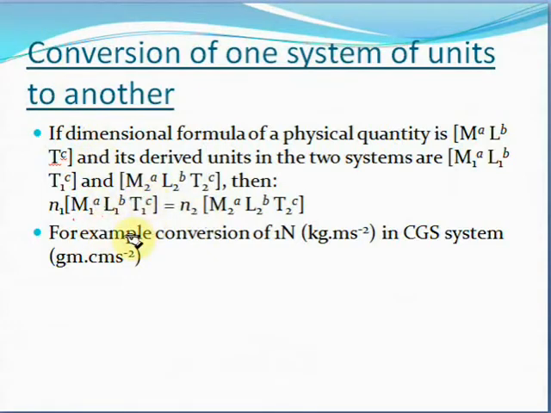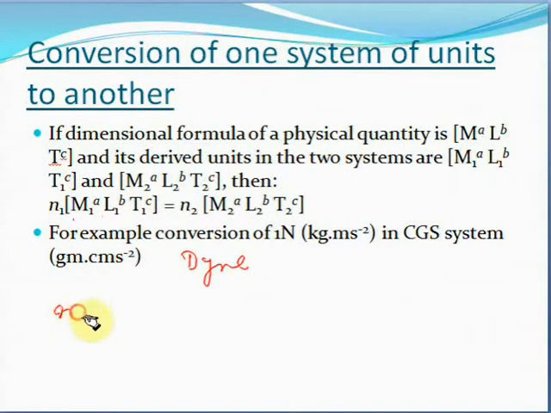For example, suppose we want to convert 1 Newton, which is the SI unit for force, in CGS system. Now in CGS system the unit for force is dyne. Now we want to find out how many dyne is equal to 1 Newton, or how many dynes are there in 1 Newton.